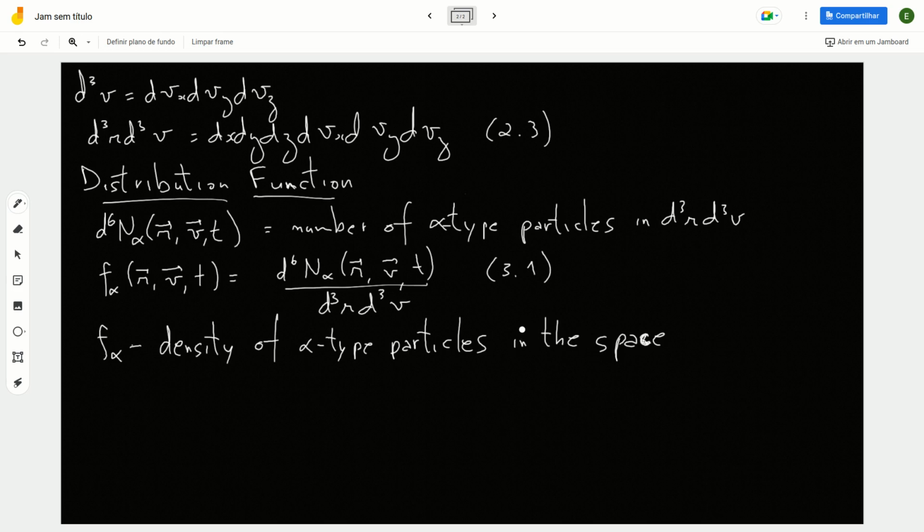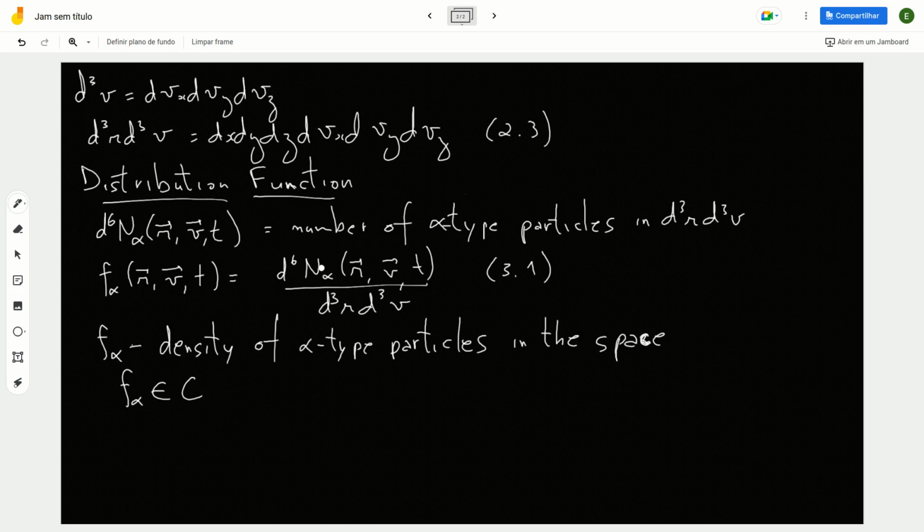That is the number of alpha type particles in position r, v, in the volume element, divided by the unit of volume, d3r d3v. Okay. And we'll consider that this is a continuous function.